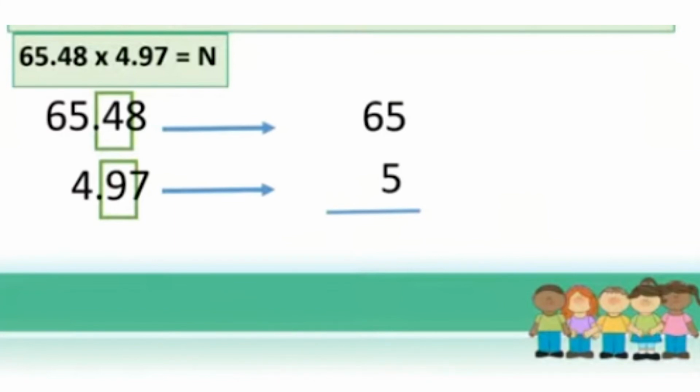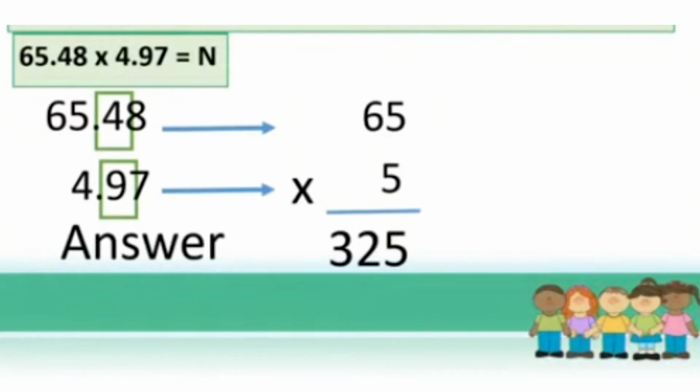And if we multiply 65 times 5, the product is 325. Did you get the correct answer, children?